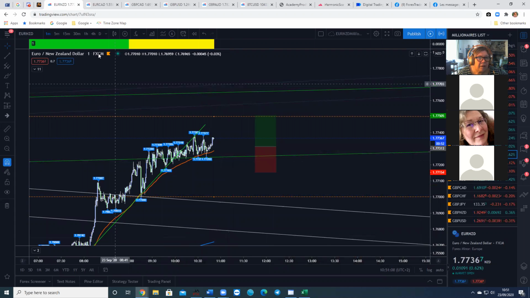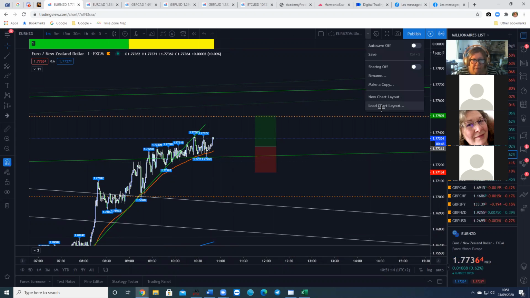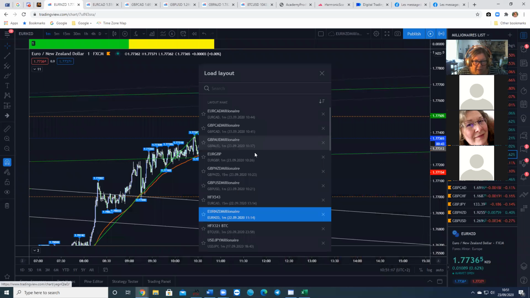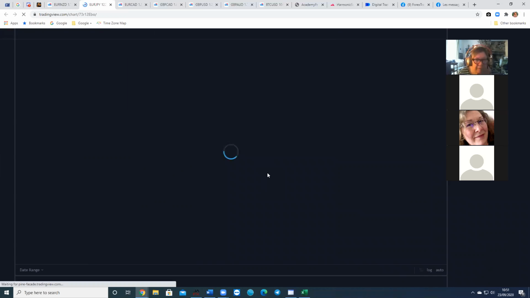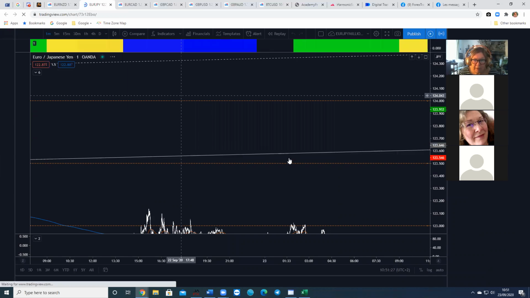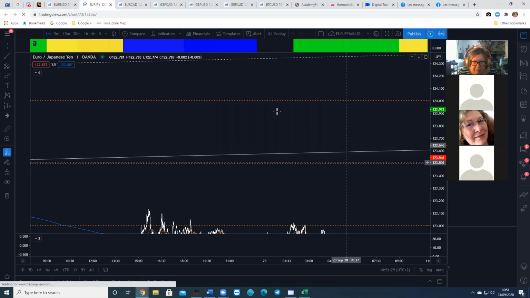Right, okay, so that's EN. What am I going to look at next? GCAD, GA, Euro, GB, GN, GU, EN, USD, JPY, Euro, JPY. We had the Japanese bank holiday earlier in the week.